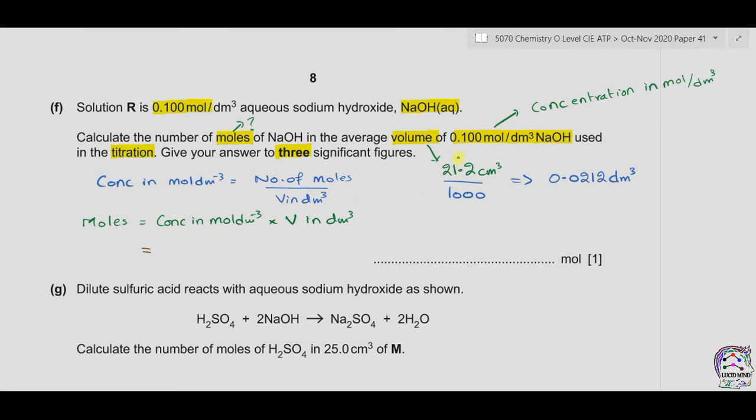Concentration is given, it is 0.100. Volume in decimeter cube is given, it is 0.0212. So the number of moles are 0.00212. And also we can see that in the answer we have 3 significant figures.